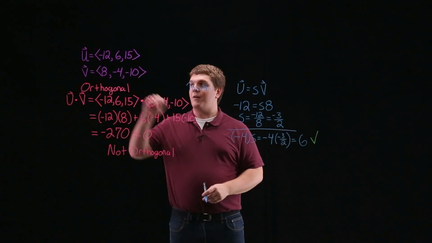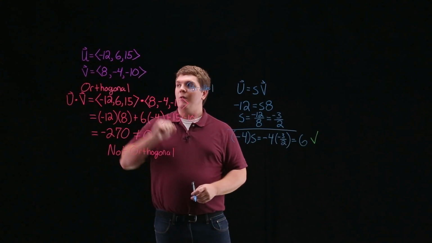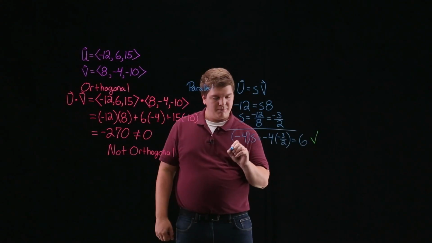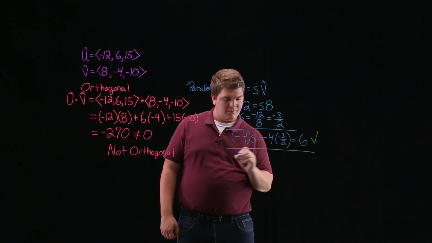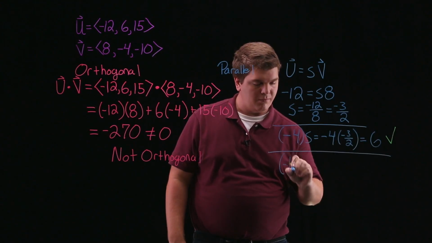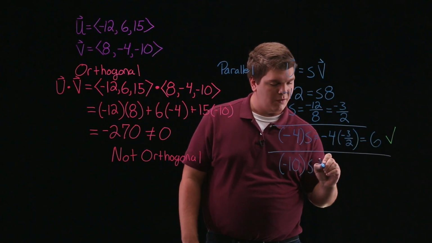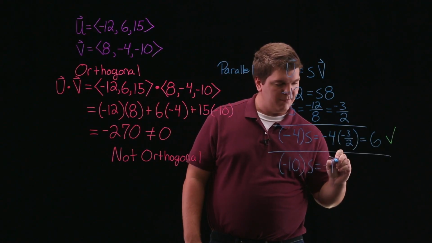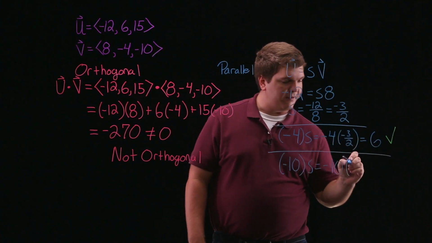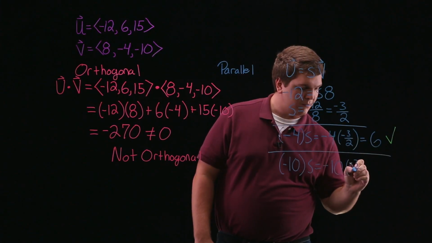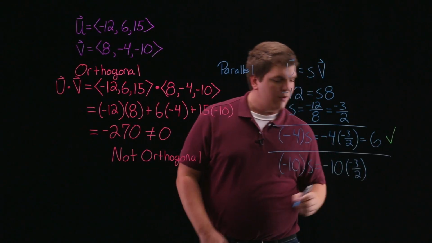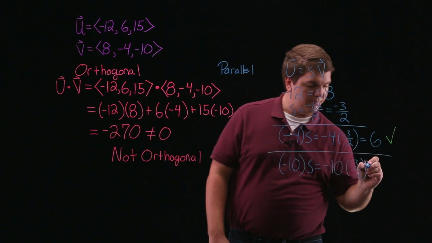Now finally, let's look at our third component. We'll take -10 from v and multiply -10 by our s value. So we're looking for -10 times -3 halves, which is equal to 15.